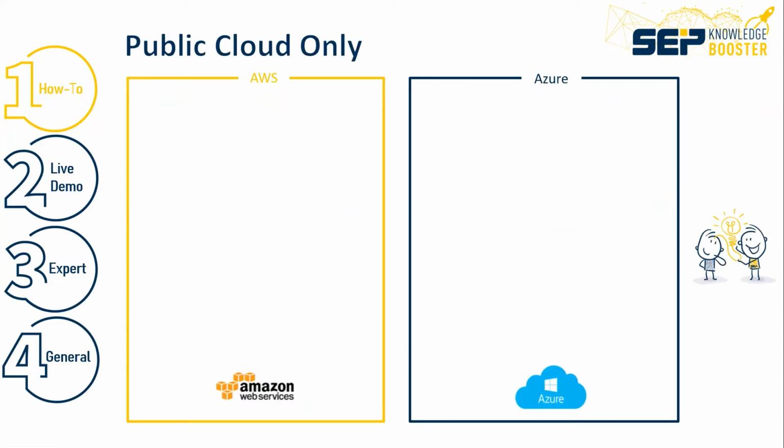Now, if you go to the next level and you have everything in the public cloud, not only using the cloud as one copy of your data somewhere for archiving or disaster recovery, you might have your complete environment in the cloud.